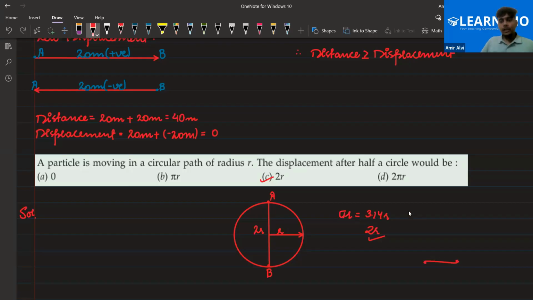So which one is greater? If you go through the circumference, it is pi r. The value of pi is 3.14, so that means 3.14 times r. But if you go through the diameter, you get 2r. So which one is greater? 3.14 r is greater because that will act as the distance, and 2r will act as the displacement. Is that clear?